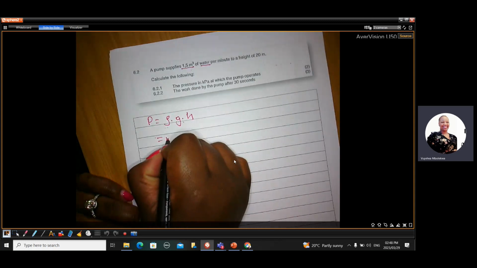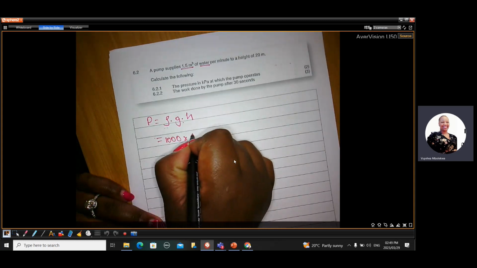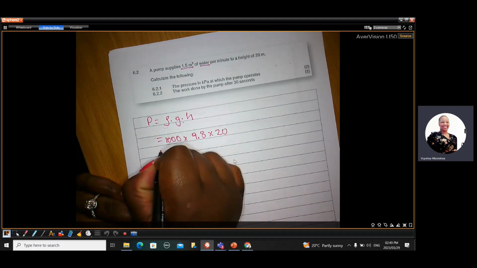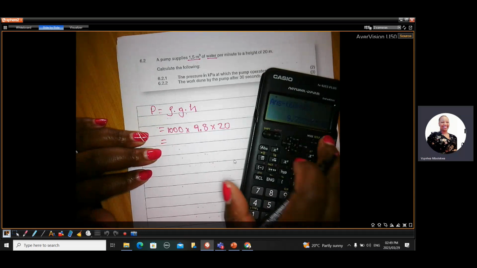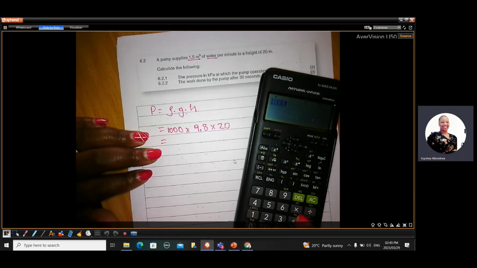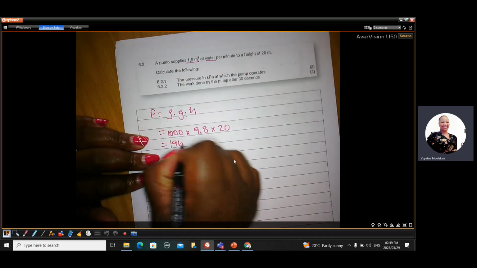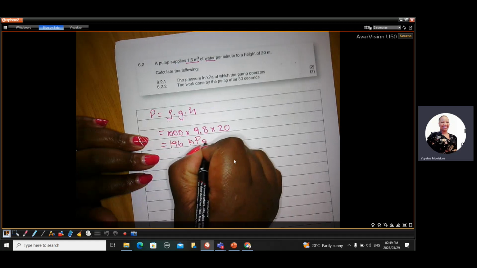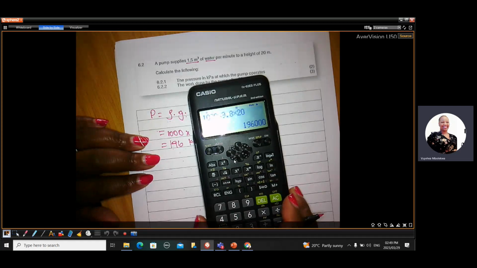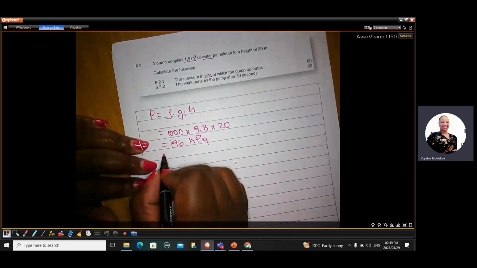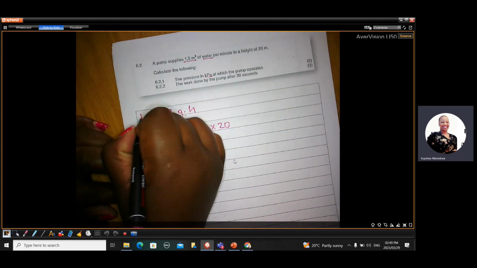The density of water is 1,000. You will get it from that constants page. G is 9.8 and the height is 20. So that pressure will be 1,000 times 9.8 times 20. That's 196. I can make it kilopascals because they wanted it in kilopascals. That was the first question.